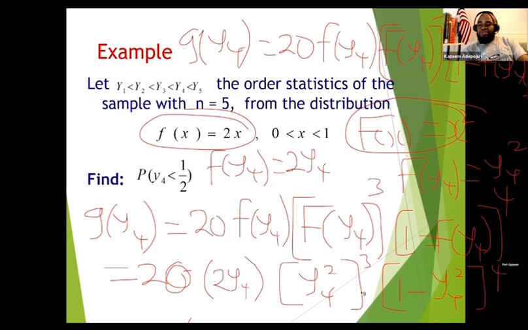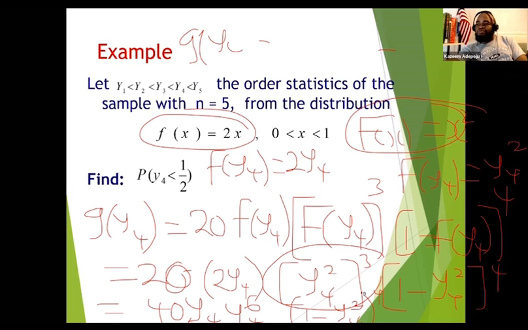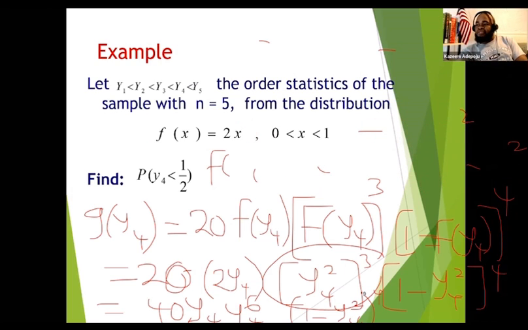Now take a look at that. If you simplify, we're going to have 40 y4, and if you simplify this, you're going to have y4 raised to power 6, and then 1 minus y4 squared raised to power 4. Because I need room, I'm cleaning this now.